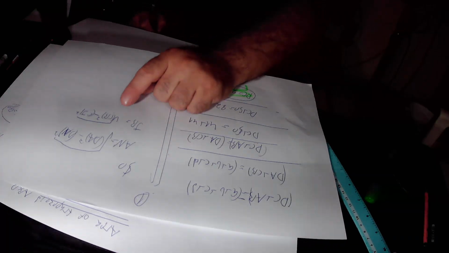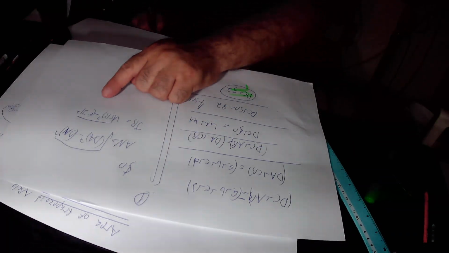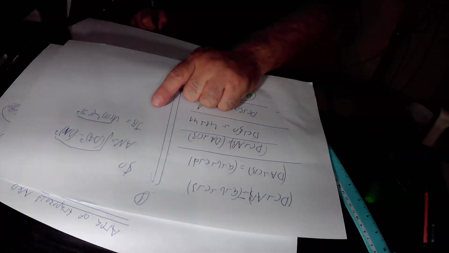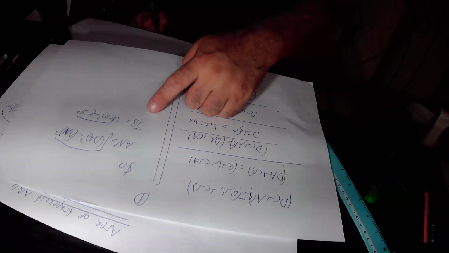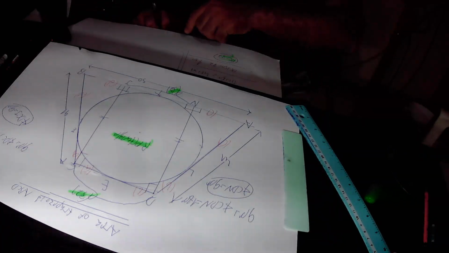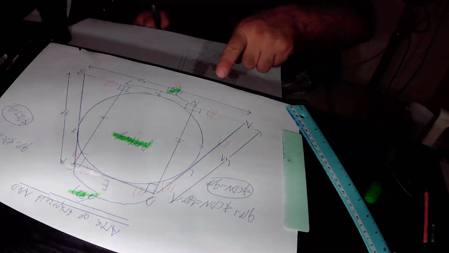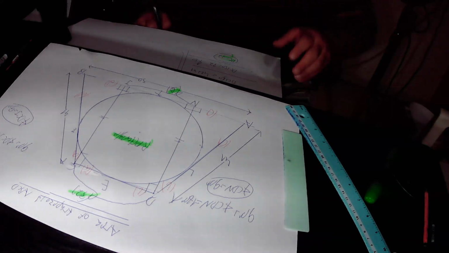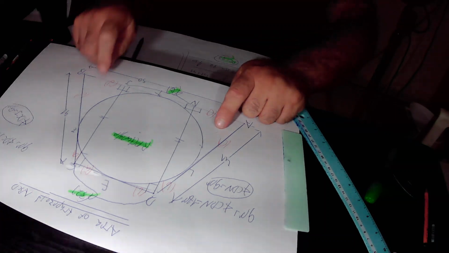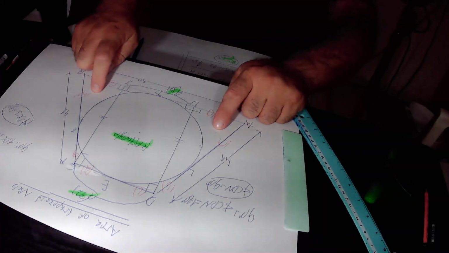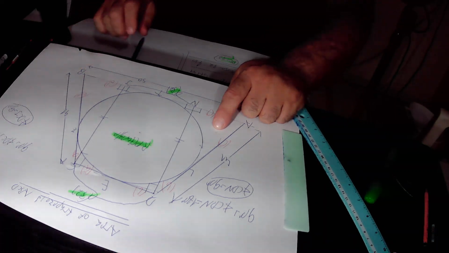Okay, again, DA equals CB and DN equals CJ, and therefore in total we get that AN equals JB. So this is the first side AN, this equals JB. So those two right triangles can go into each other according to the angle similarity rule.